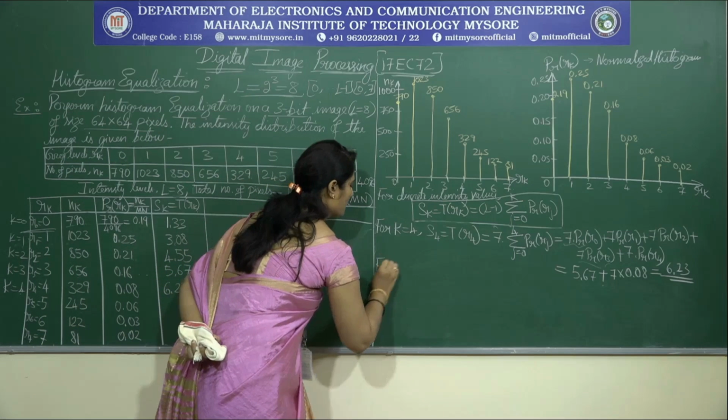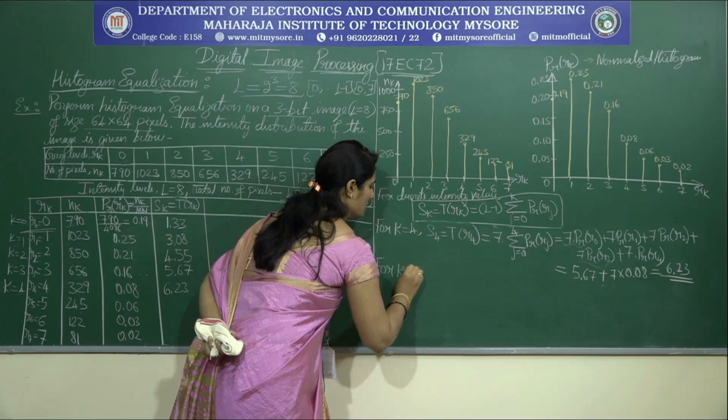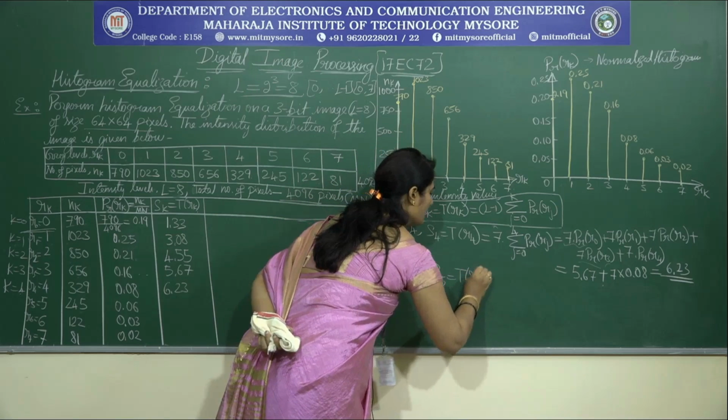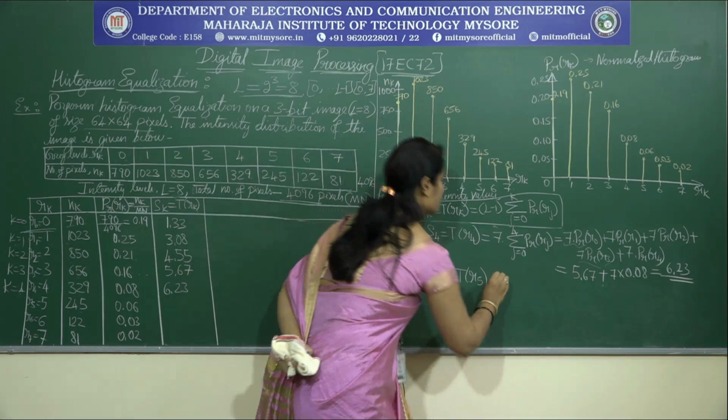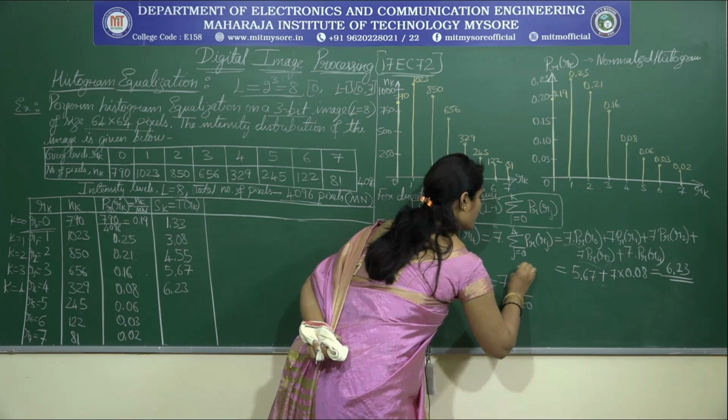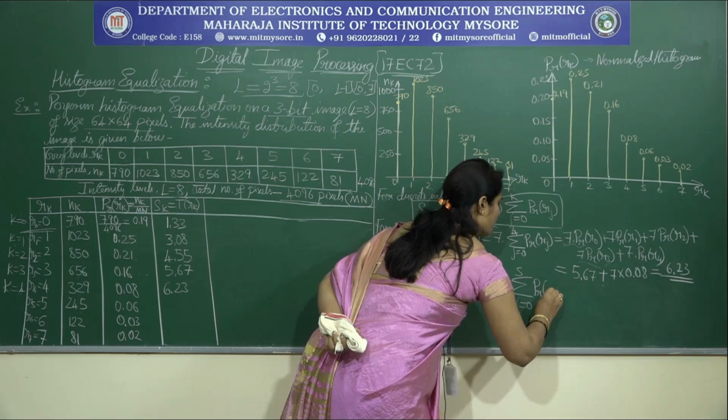Next, for k is equal to 5, S5 is equal to T of R5, which is equal to 7 into summation j equals 0 to 5 PR of Rj.